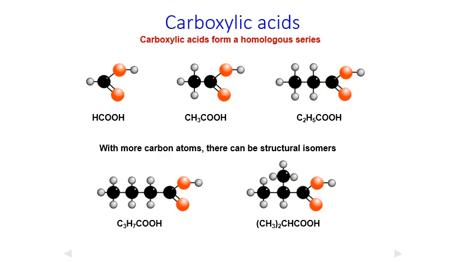So again, if you've got one carbon, that will be meth, methanoic acid. 2 carbons, ethanoic acid, or vinegar, you might more commonly know it as. Now you've got 3 carbons, so it'll be propanoic acid, etc.